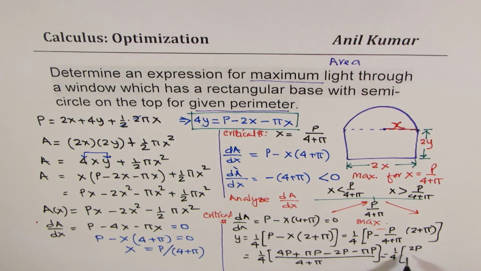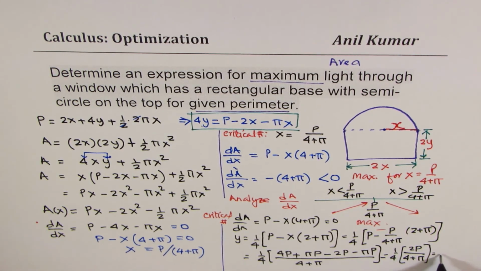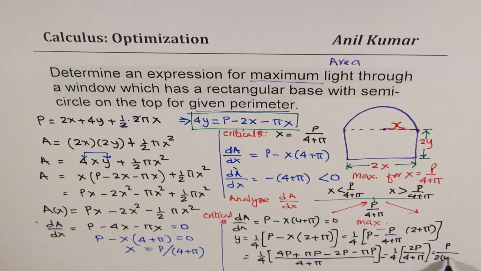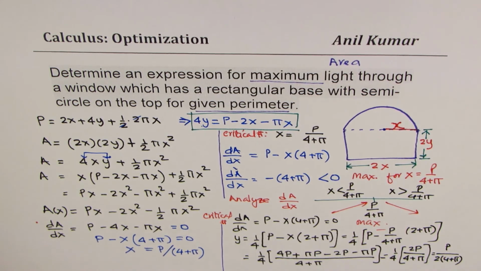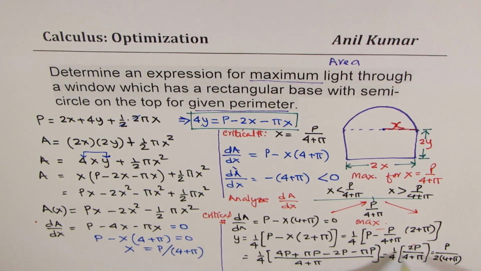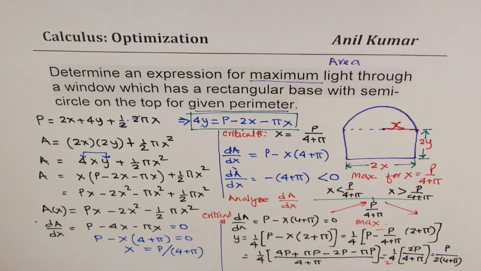So we have 2p over 4 plus pi. We could always cancel this and simplify it further, right? So p over 2, and this cancels twice, over 4 plus pi. So we just cancel this and write 2 here. Correct. So what we really got is the value for x and y.